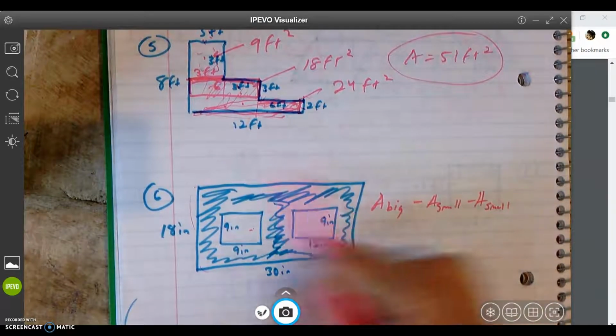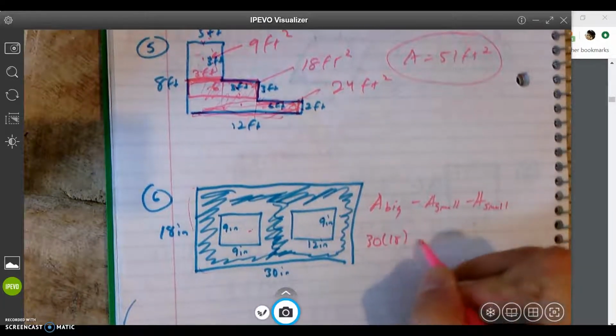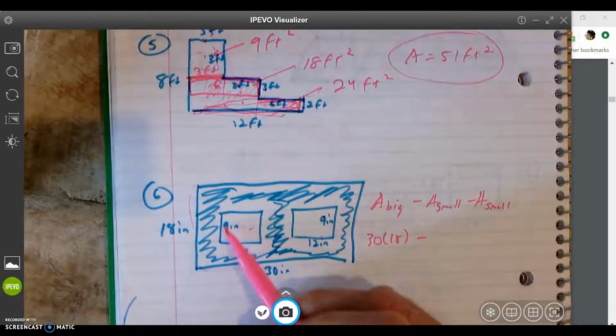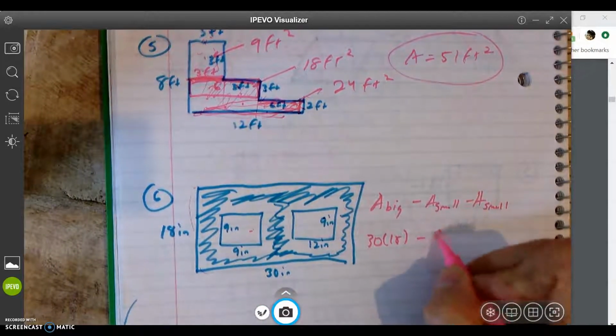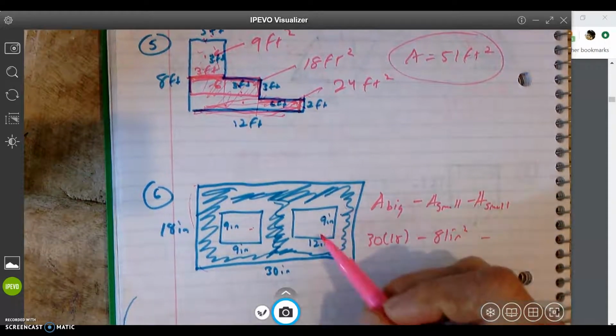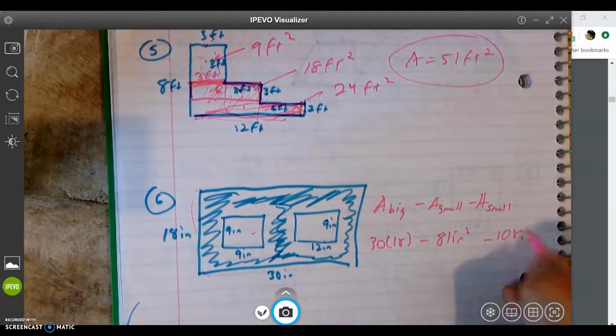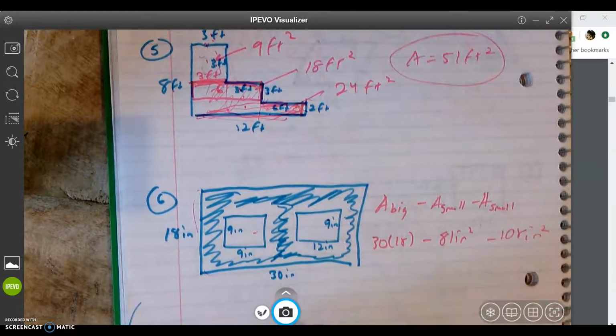So the whole area here, the whole space inside is going to be 30 times 18. Minus this part, which is 9 times 9, which I'm going to do in my head, 81 inches squared, minus this, 12 times 9, which is 108 inches squared.